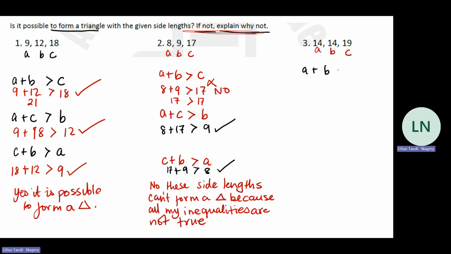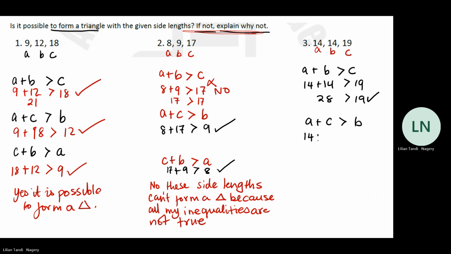A plus B is greater than C. So 14 plus 14 is greater than 19. Yes, because this is 28, which will be greater than 19. So yes. So then we have A plus C is greater than B. A is 14 plus 19 is greater than 14.